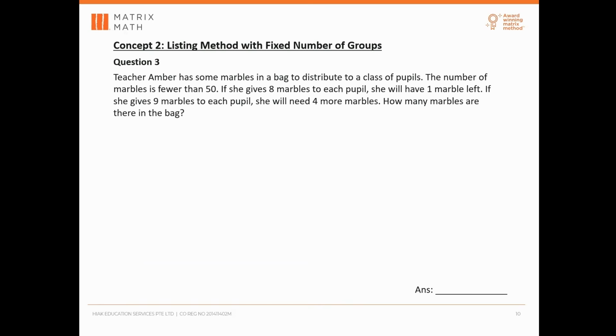Sorry, when I say what is fixed, I mean the fixed number of groups. What is the group referring to? Okay, the question is not very clear, so I say, what is the group referring to?